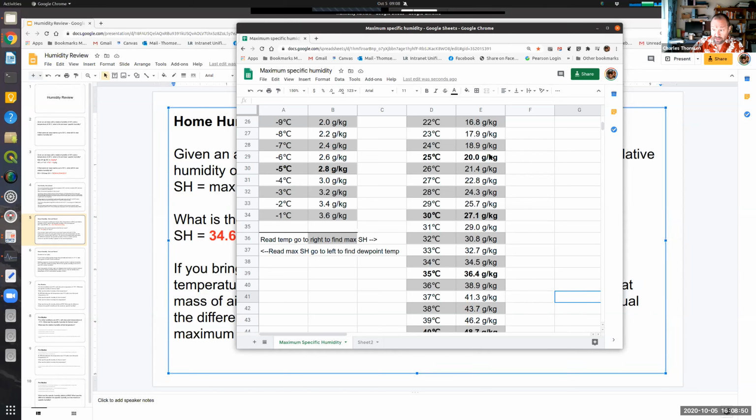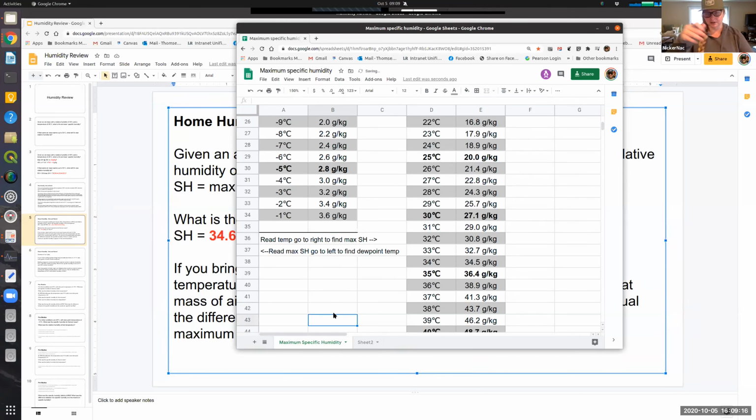So if I told you that the specific humidity of the parcel is 20 grams, the dew point temperature is 25. If you have the maximum specific humidity chart, you always have the dew point chart, because if you know how many grams, you know what the dew point temperature is. Got it.